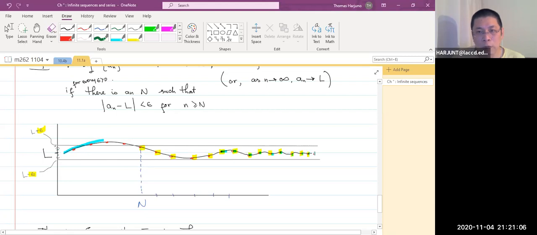If the whole graph converges to L, then these points should also converge to L.